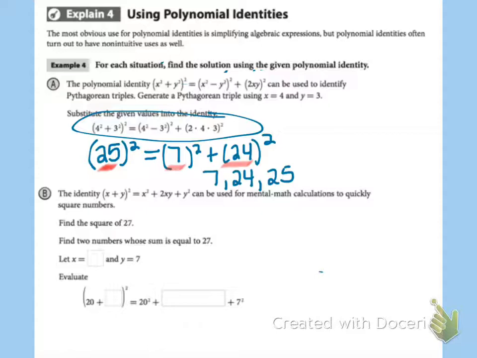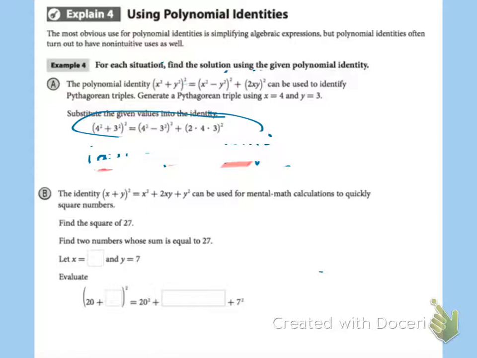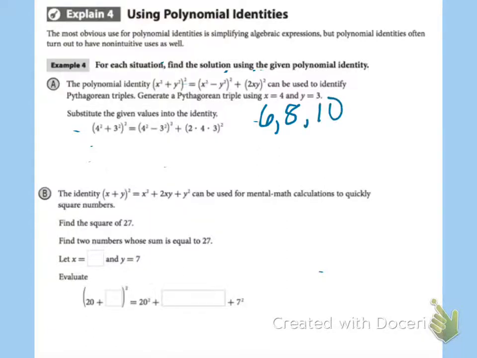Let's say we wanted to use another Pythagorean triple that I happen to know is 6, 8, 10. The only reason I know that is I'm just doubling the 3, 4, 5. So let's say I use 6 and 8, and of course the other one is 10, but I'll just use the 2 legs.